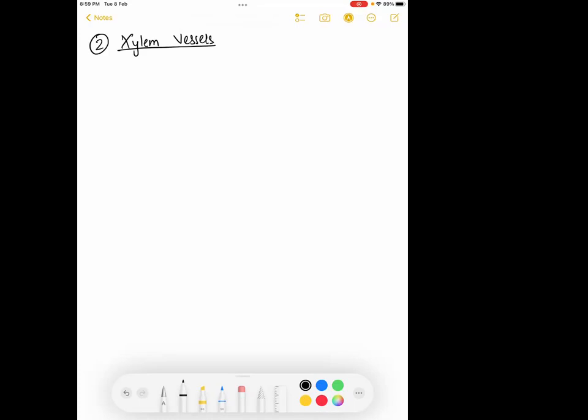Okay, I'm going to try to show you a picture of the xylem vessel. And there are different types of xylem vessels.